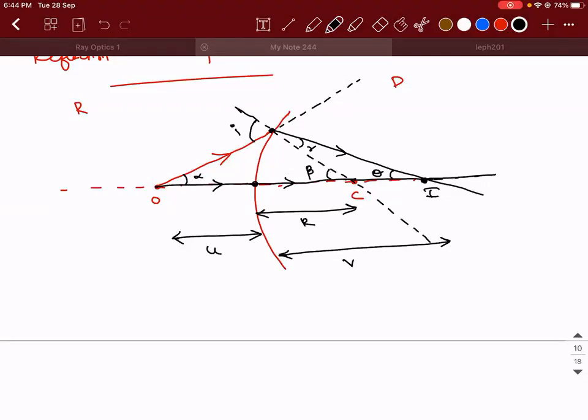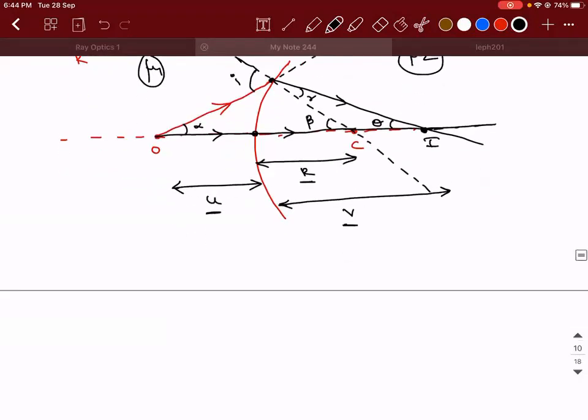Listen to this clearly. Now our job is to derive the relation between the refractive indices mu1 and mu2 in terms of u, v, and r. So mu1 into sine i is equal to mu2 into sine r.